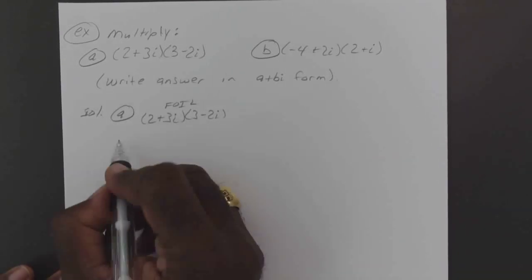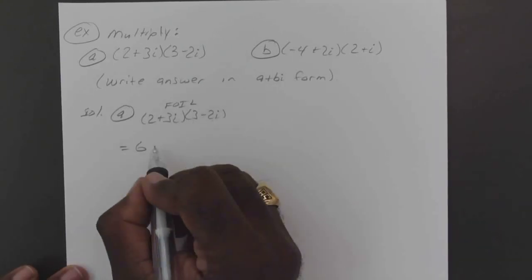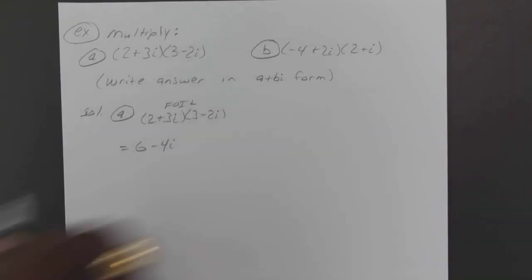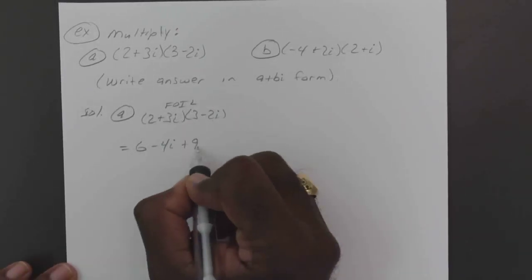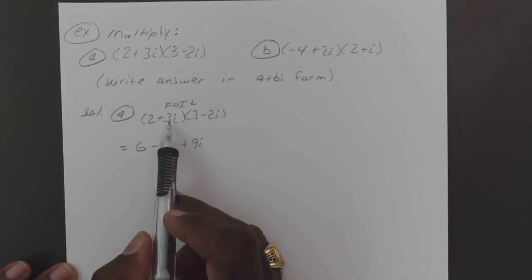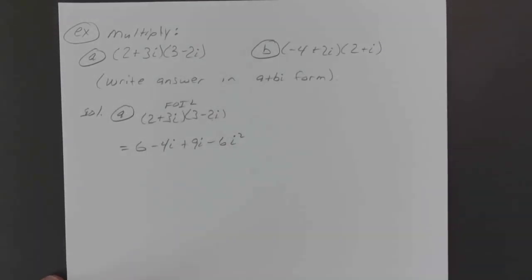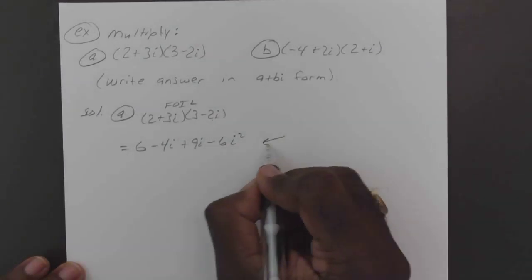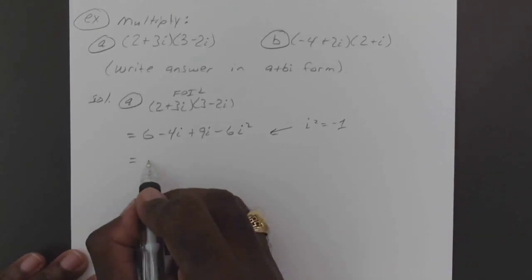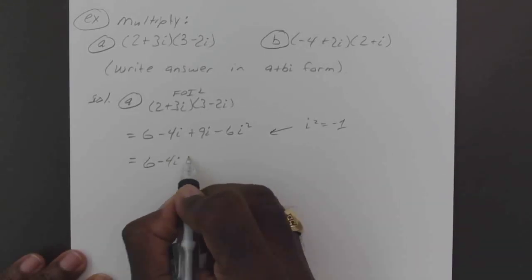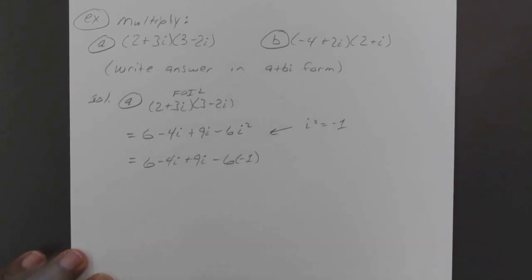So our first, 2 times 3 is 6. Your outer, 2 times negative 2i, is negative 4i. Your inner, 3i times 3, is 9i. And your last, 3i times negative 2i, is negative 6i squared. We know that i squared equals negative 1. So this becomes 6 minus 4i plus 9i minus 6 times negative 1.